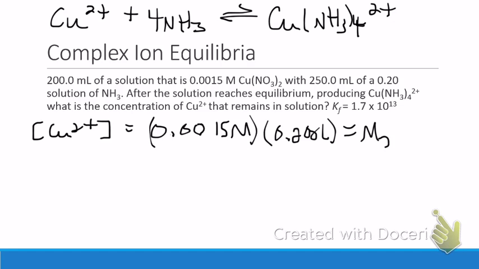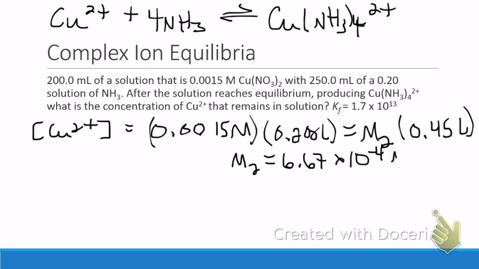That's going to be set equal to the final concentration, which is what we're solving for, times the final volume, which is the total of both solutions mixed together, or 0.45 liters. When we solve for that, we get our final concentration is 6.67 times 10 to the negative 4 molar.